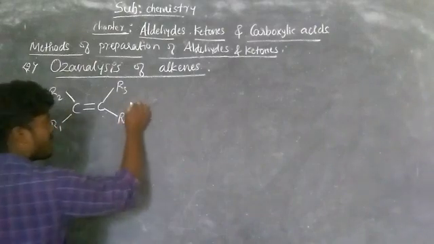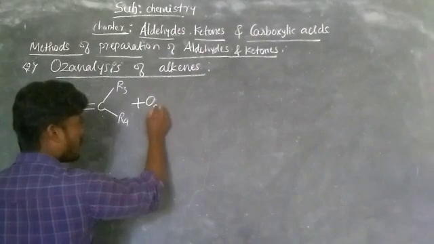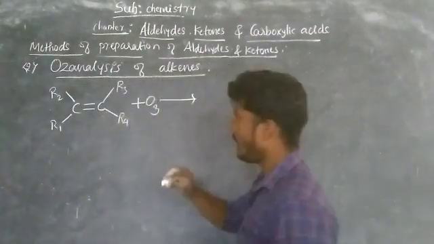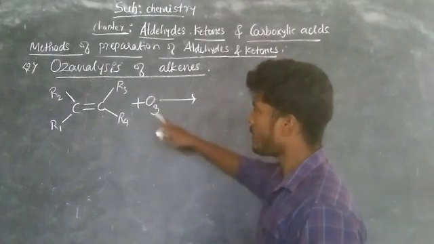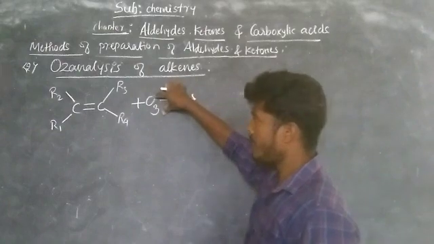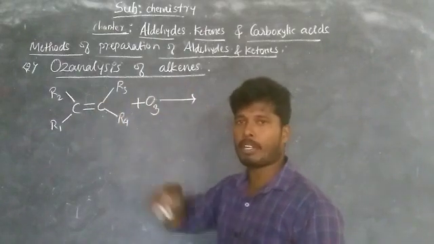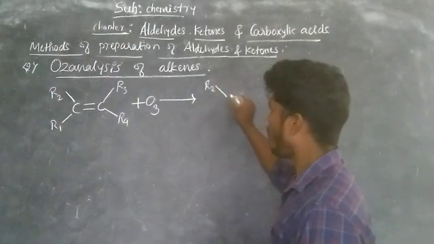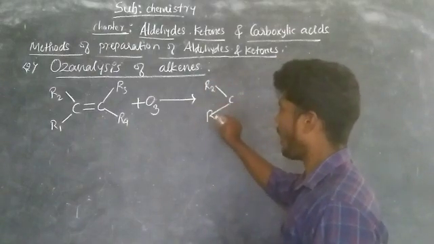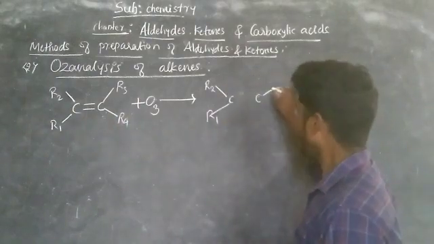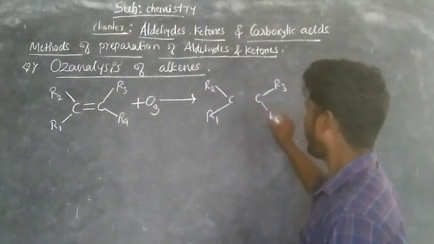Now this alkene is treated with ozone. Ozone is nothing but the O3 molecule, which is reacting. You get a 5-membered cyclic ring. See here there are 3 oxygen atoms. How are they added? These 3 oxygens are added across the carbon-carbon double bond. See how I am writing here: R2 bond C bond R1, this carbon, then carbon bond R3 and R4.